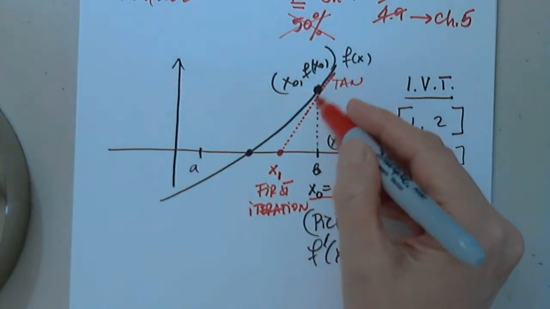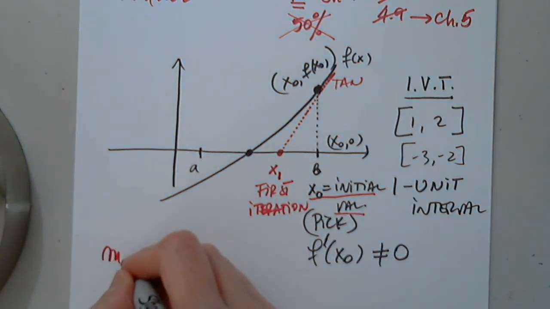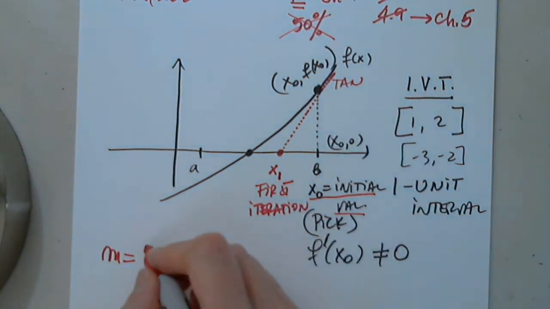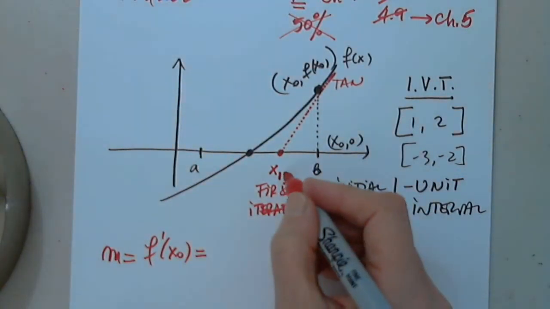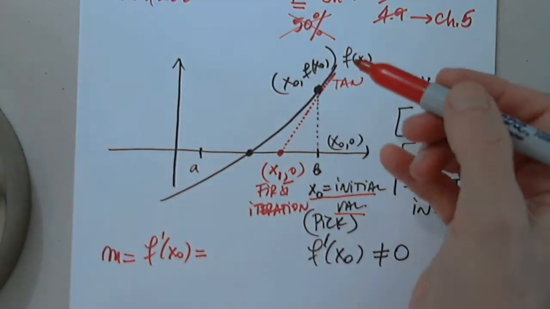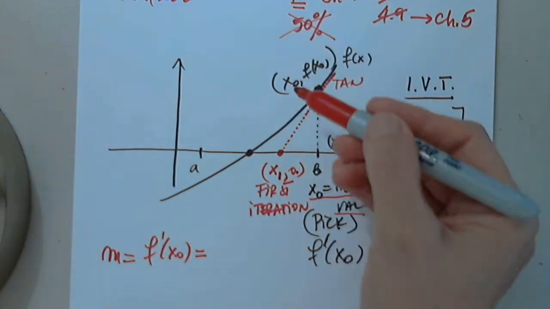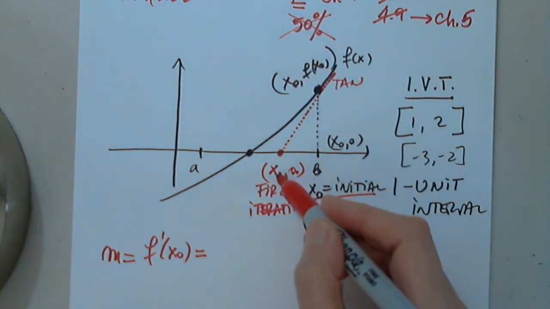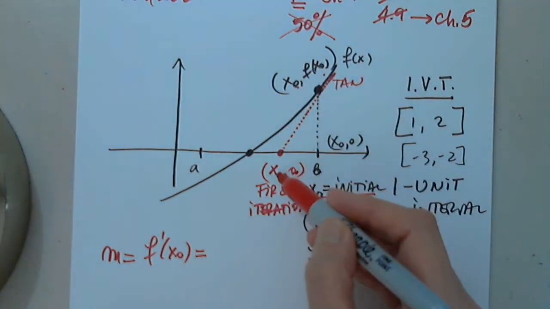Okay, so now this line has the slope f prime of x0. But also, because this point is x1 comma 0, the slope is f of x0 minus 0 over x0 minus x1. y2 minus y1 over x2 minus x1.